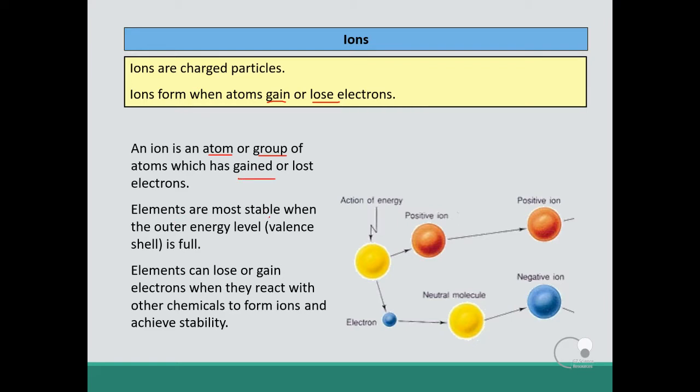Elements are most stable when the outer energy level, or the valence shell, is full. So the elements can lose or gain electrons when they react with other chemicals to form ions, and they do this to achieve stability.